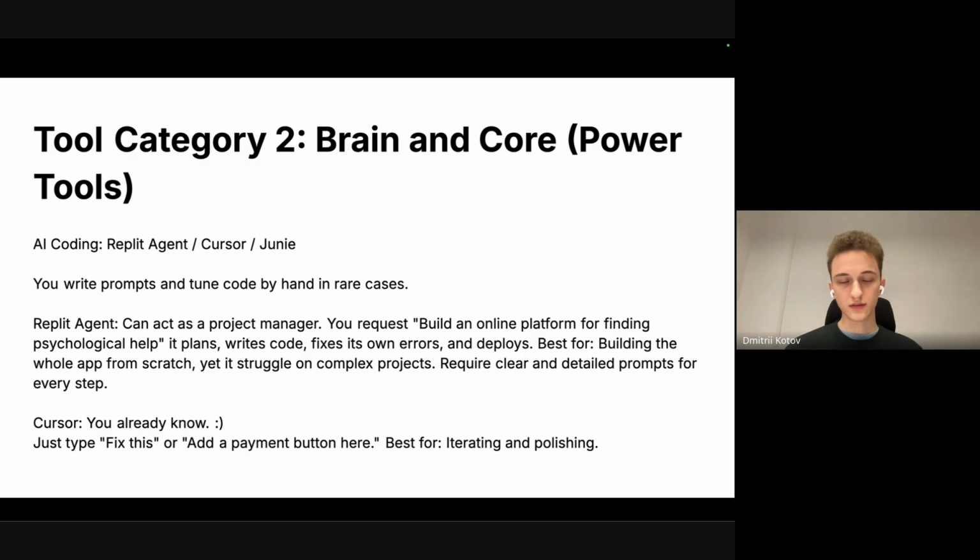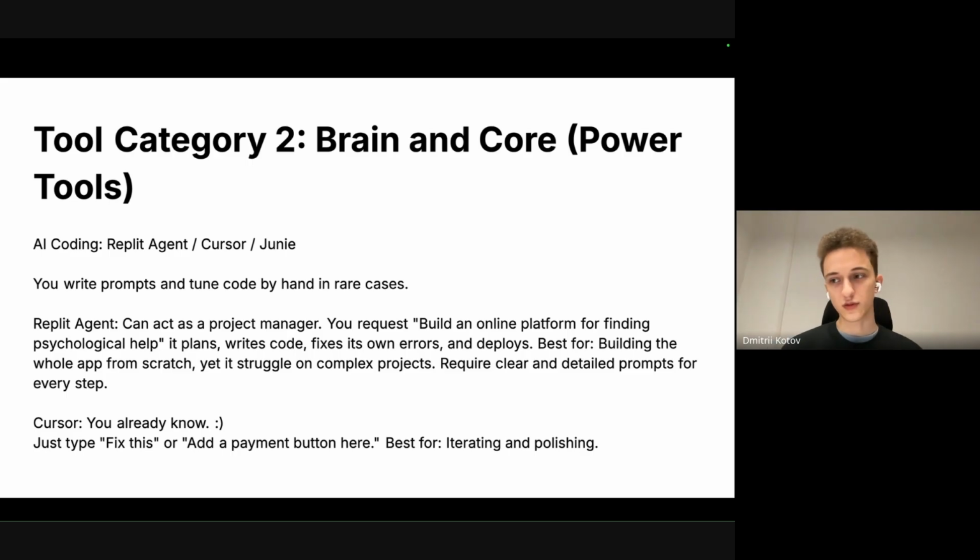And for the coding, you also have different options. It depends on your own choice of to what extent you want to be in the development process. Sometimes you don't want to touch it at all, and you fully delegate it to the agents. Sometimes you want agents only to fix some problems for you and implement some non-fun stuff. So for example, Junie is a good thing for that.